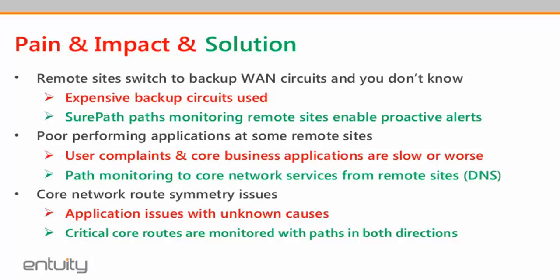When route symmetry or asymmetric routing problems occur, again, it can impact the performance of your applications, but it doesn't show up as a hard failure such as a circuit failure or an overloaded circuit. So this allows you to do periodic path traces to determine whether or not the route has deviated from a reference path.